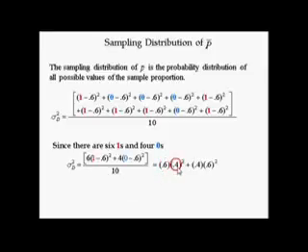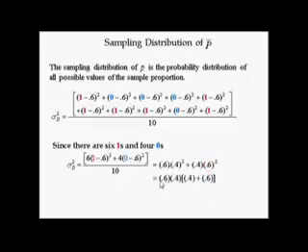This 0.4 comes from subtracting 0.6 from 1. This 0.4 comes from dividing 4 by 10. This 0.6 comes from subtracting 0.6 from 0. And notice that the negative is gone because a negative squared is positive.